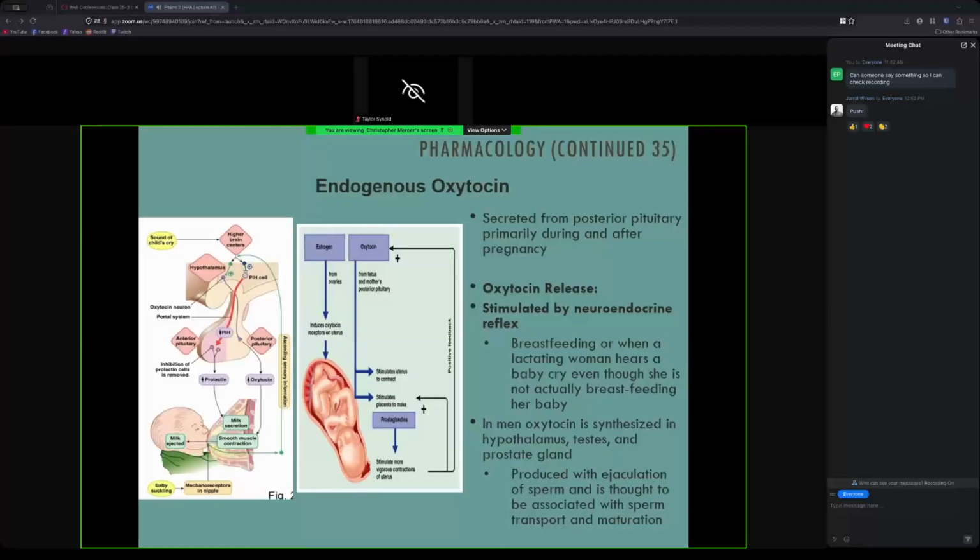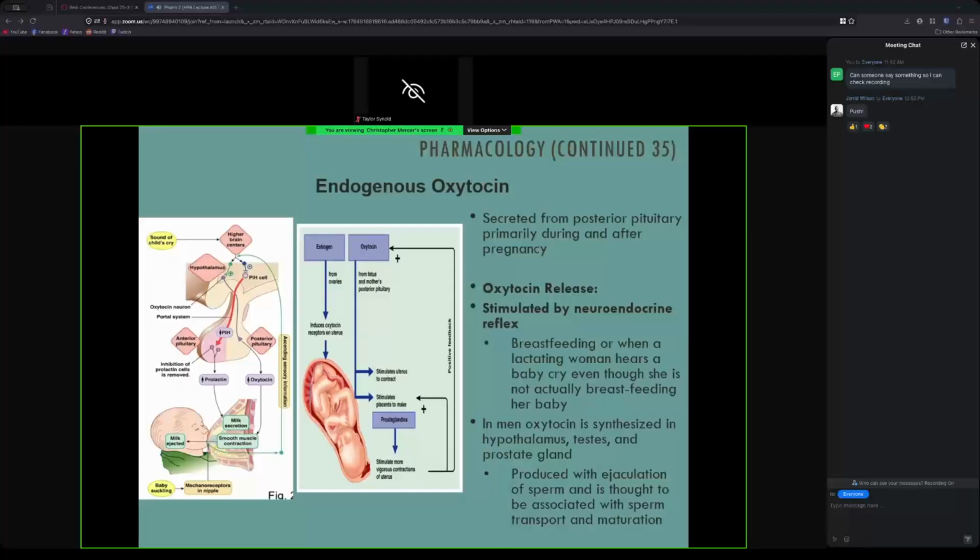So its release is one of those classic examples of neuroendocrine reflexes. The release of oxytocin is triggered by breastfeeding, or even lactating women hearing a baby cry. So it's a conditioned anticipatory reflex that doesn't require physical suckling. That will cause the let-down milk ejection reflex. Don't forget that in males, oxytocin is synthesized in the hypothalamus, the testes, and the prostate gland.